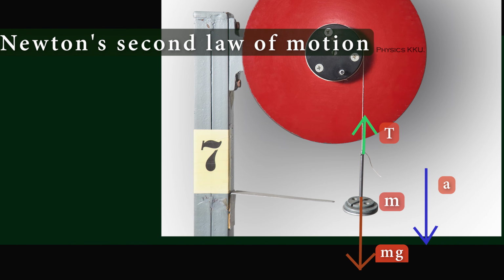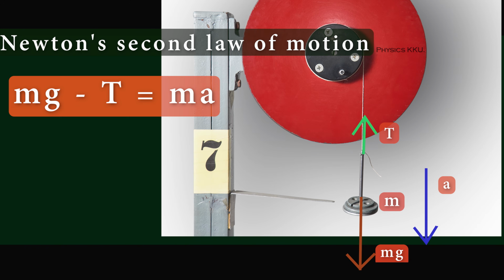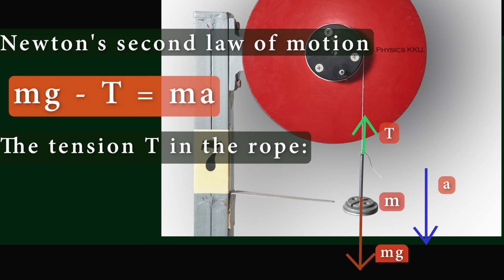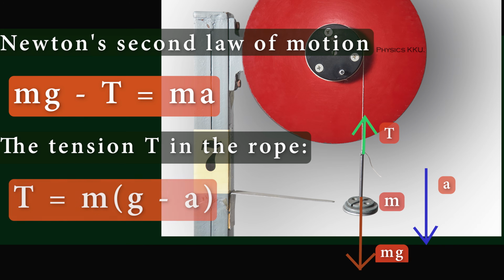Therefore, according to Newton's second law of motion, the net force acting on the mass m is mg minus T equals ma. We formulate the equation to find the tension in the rope. The tension force in the rope is T equals m multiplied by g minus a.